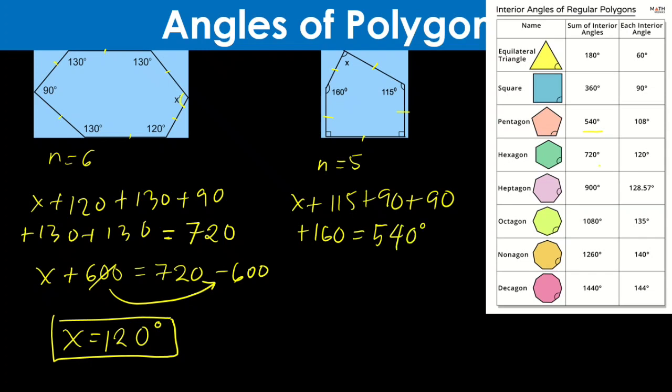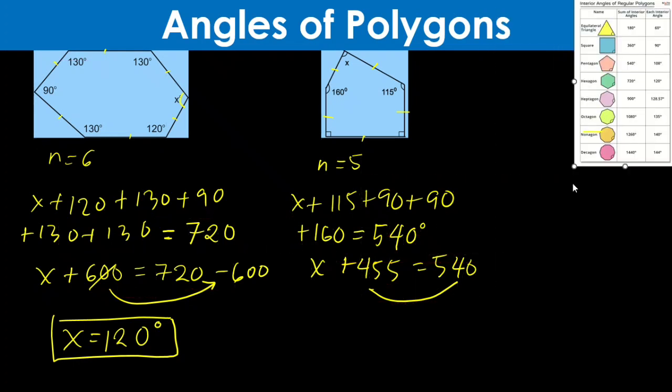degrees. Okay, and then let's add up all the angles here on the left side. That gives us 455. And let's copy the right side. And then let's move this to the right hand side.